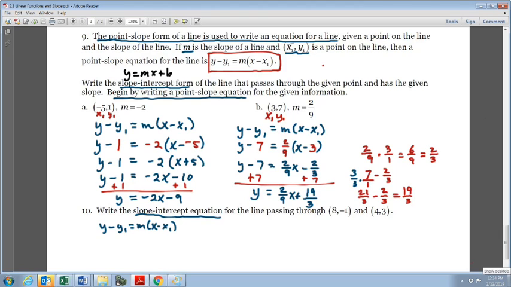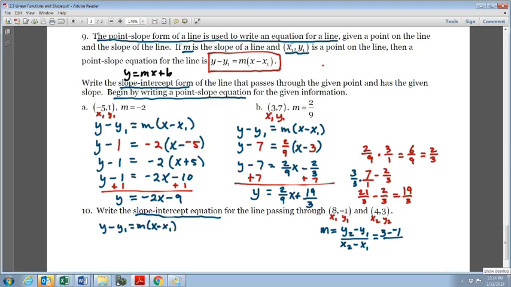But we need a slope. We have 2 points. We only need 1. But we don't have the slope, so let's use the 2 points to find the slope using the slope formula. So let's see, we've got our first point, x1, y1, and our second point, x2, y2. So it's going to be y2, which is 3, minus y1, which is going to be negative 1.